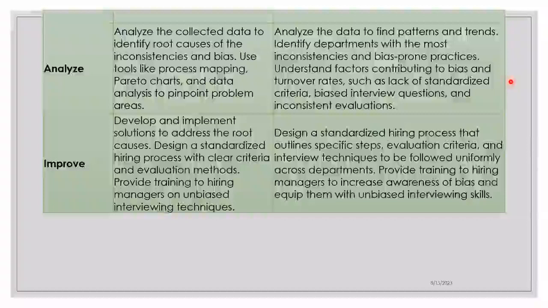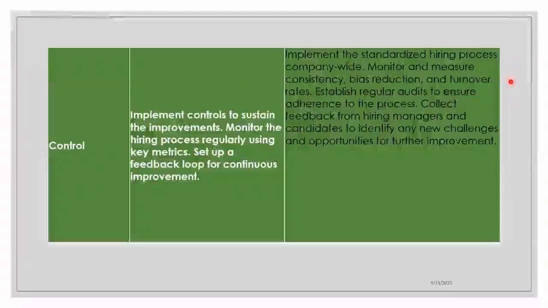Then the department can't deviate, and the entire organization is going to practice one recruitment method. Provide training to hiring managers to increase the awareness of bias and improve the interview skills. It has to be done within the process.